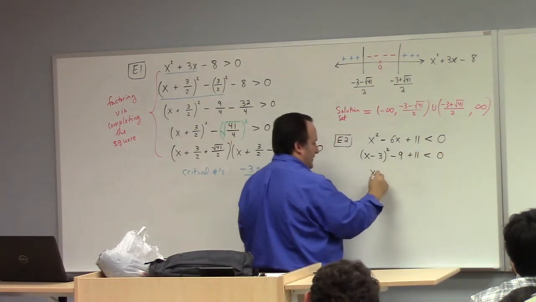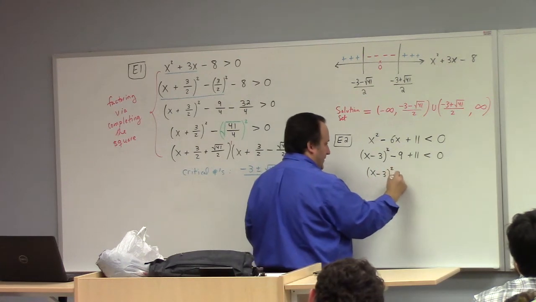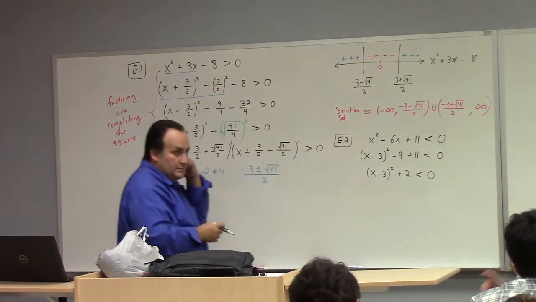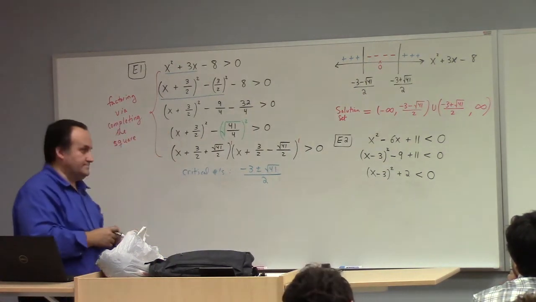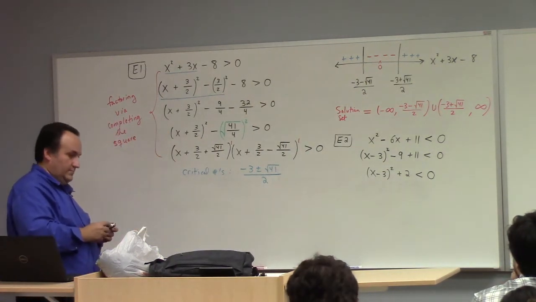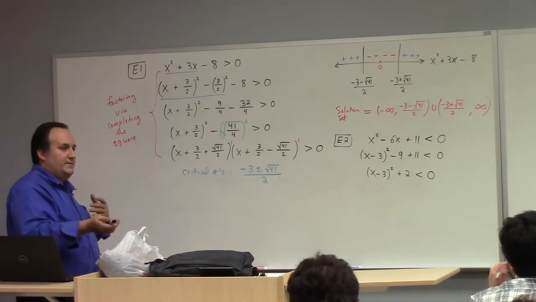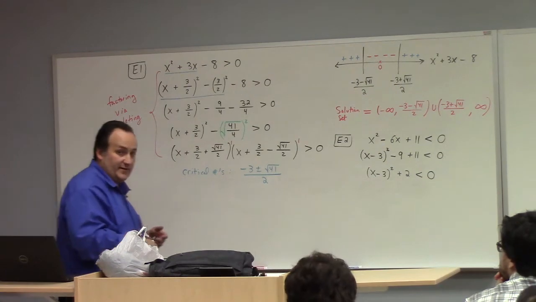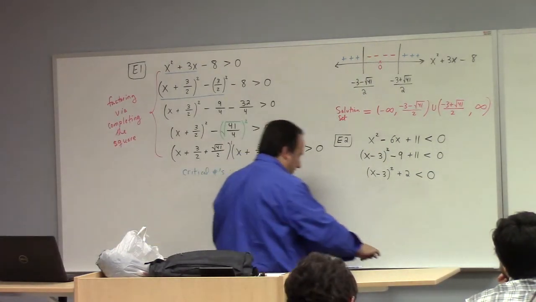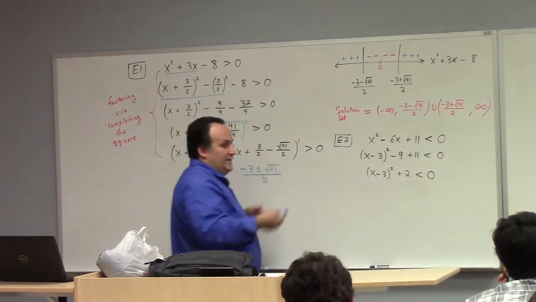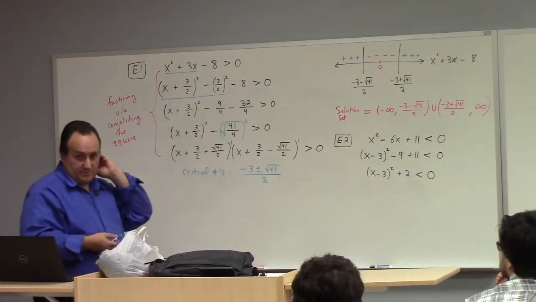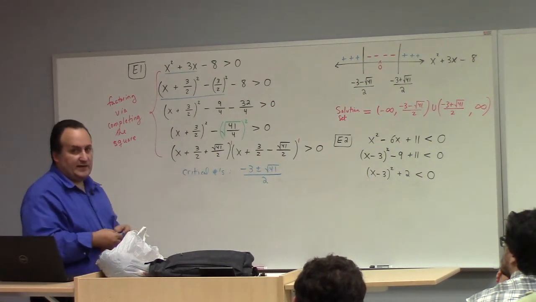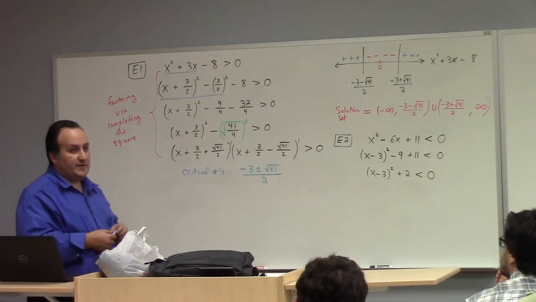So what we get, x minus 3 squared plus 2 is less than 0. So at this point, I don't think we need a number line for this one, because in this case actually, there is no critical number. There's no 0. Well, the zeros to this quadratic equation, if you were to set it equal to 0, they're complex.